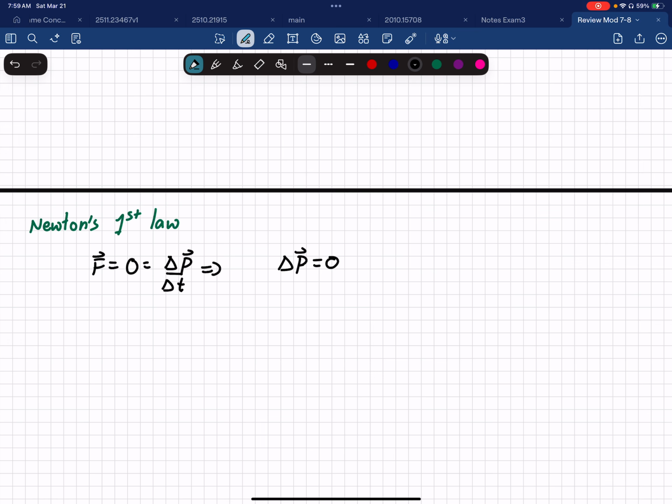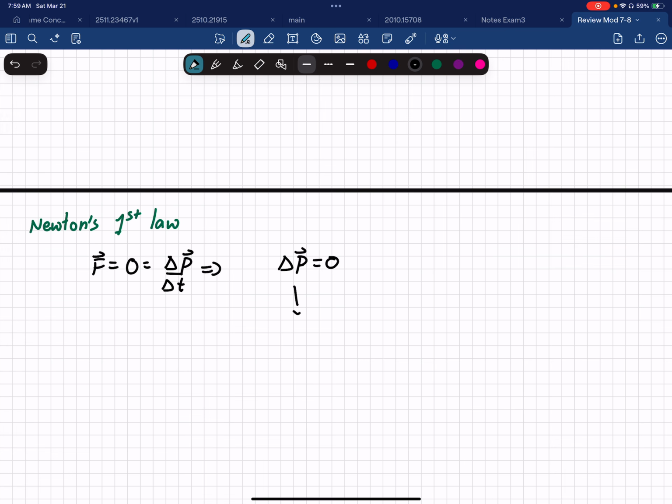Now let's ponder on this a bit. If you're talking about a single object, a ball, a box, anything, then obviously if the velocity is initially zero, it remains zero, or if it has a velocity, it remains at that velocity. But if I'm talking about an ensemble of particles, how did we treat that?